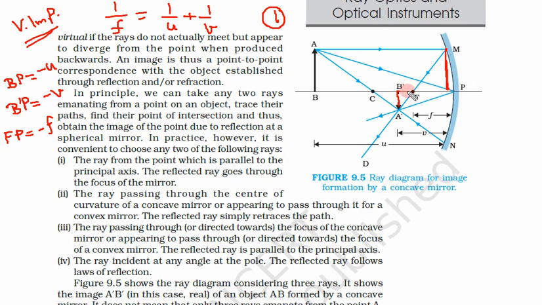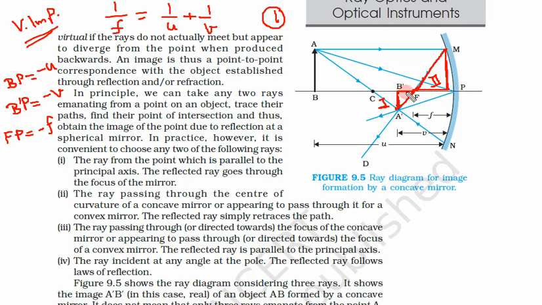First, the triangle formed by the image and the focus point, and second, the triangle formed by this mirror and this focus point. Let us say this is triangle first, this is triangle second. So this is our first step.